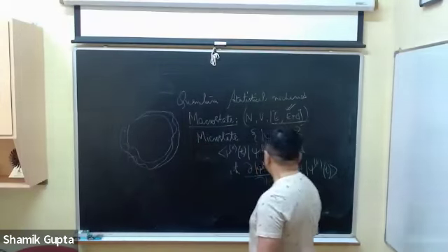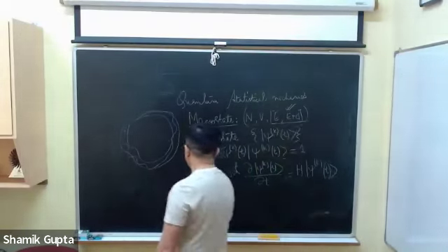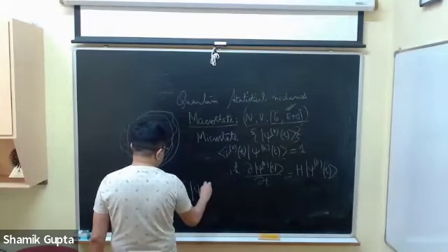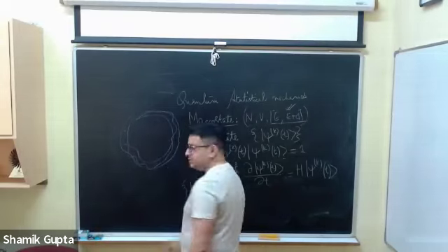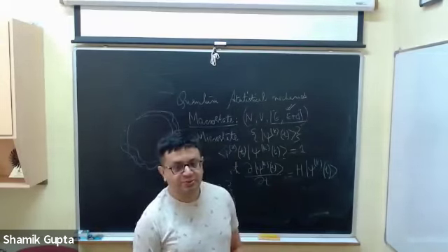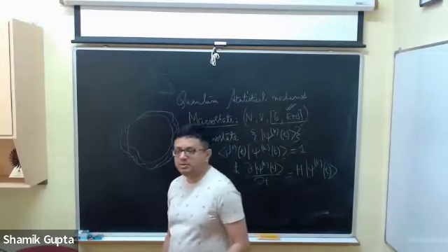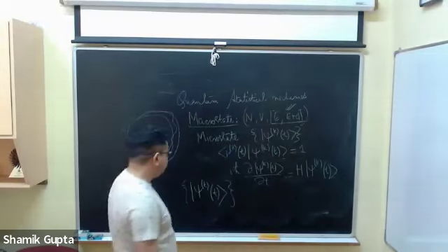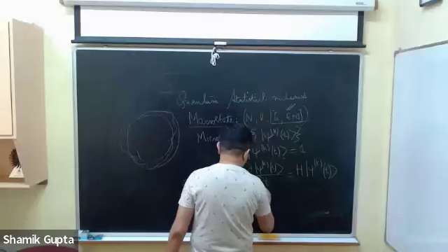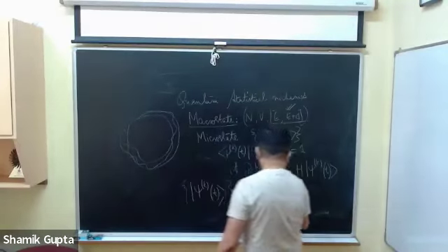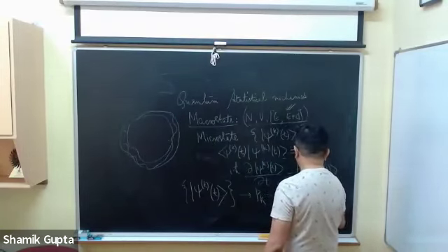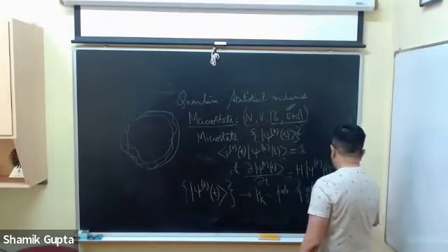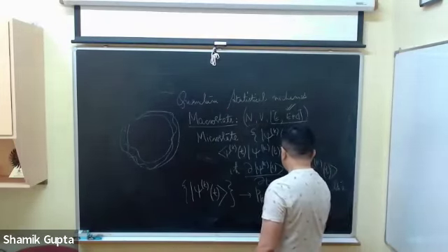The first thing that I do is that given this collection of microstates, I can define a quantity pk, which is the probability of getting the kth microstate in the ensemble.